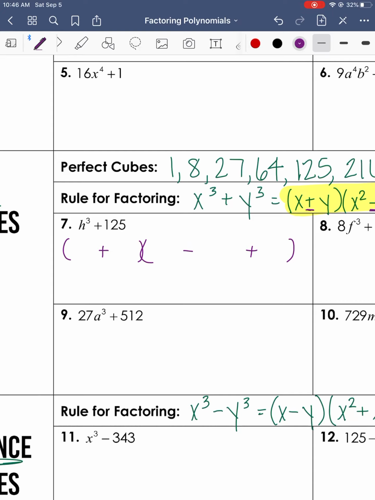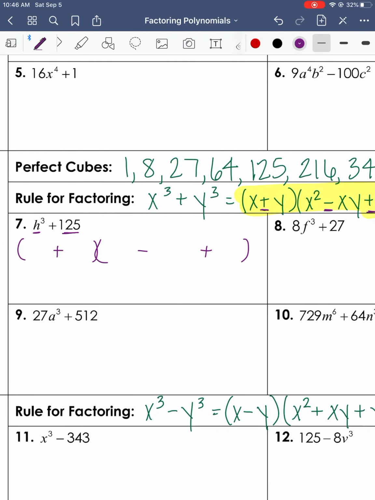Okay, so now that we have all of that in place, we're going to take the cubed root of the first term and the cubed root of the second term, and we're going to be putting those in for this x and y value. Okay, so the cubed root of h cubed is just h, so h will go here. In this spot here, we're going to put the cubed root squared, so that would be h squared.